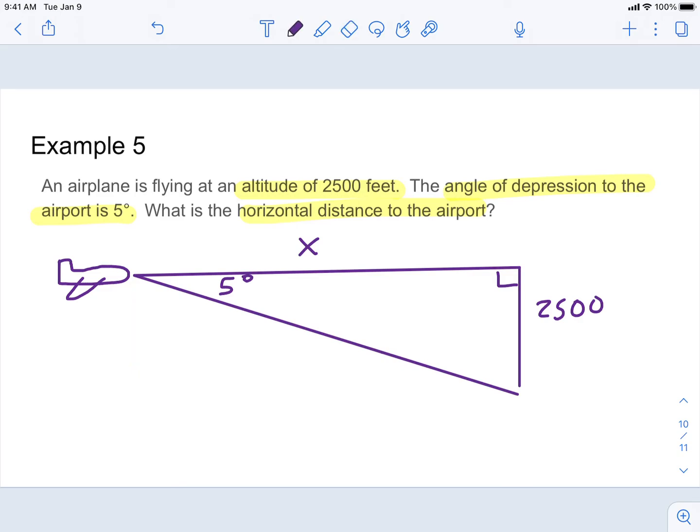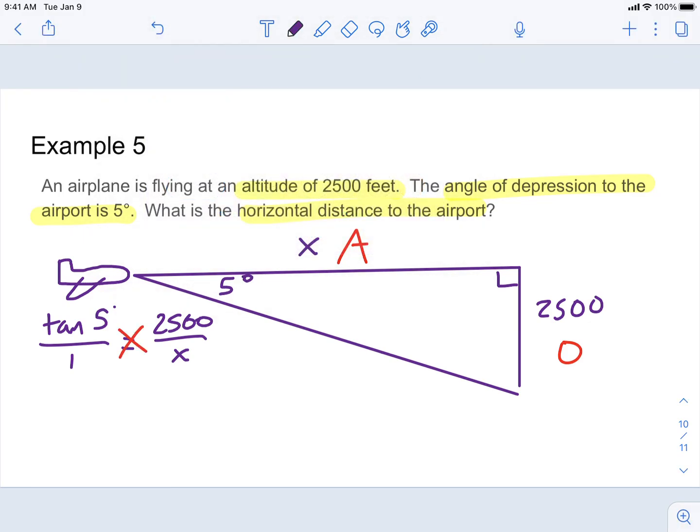All right, opposite, adjacent, hypotenuse. Hypotenuse is over here, no info there, so I'm going to leave it blank. Angle is up in the left corner, so the opposite is on the right. And then x is our adjacent, another tangent problem, TOA. So tangent of 5 degrees over 1, because we're finding a missing side, is opposite over adjacent. Now we can cross multiply.